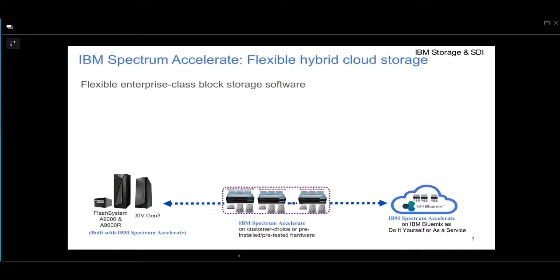We then introduced the performance-based elements of that in the A9000 to add to the capacity-based elements. Now with cloud, customers are probably going to build with those pre-integrated environments and then move into either Spectrum Accelerate on-premise if they feel more comfortable with that touch and feel of their cloud.